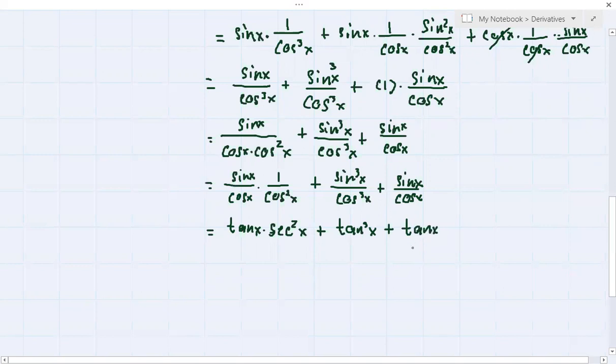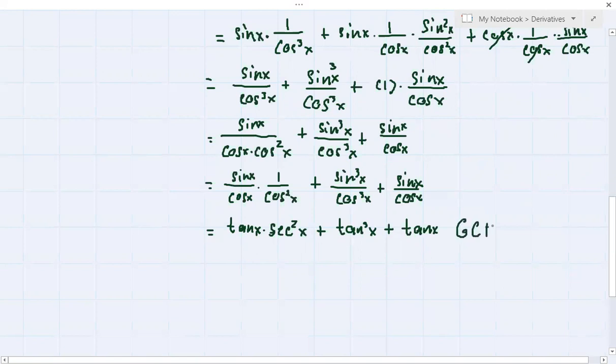Now, as you can see, ito na yung mukhang simplified na answer. What we're going to do here is we can factor out, okay? Because tangent x secant squared x plus tangent cube of x and tangent x have something in common. These three terms are divisible by tangent x.